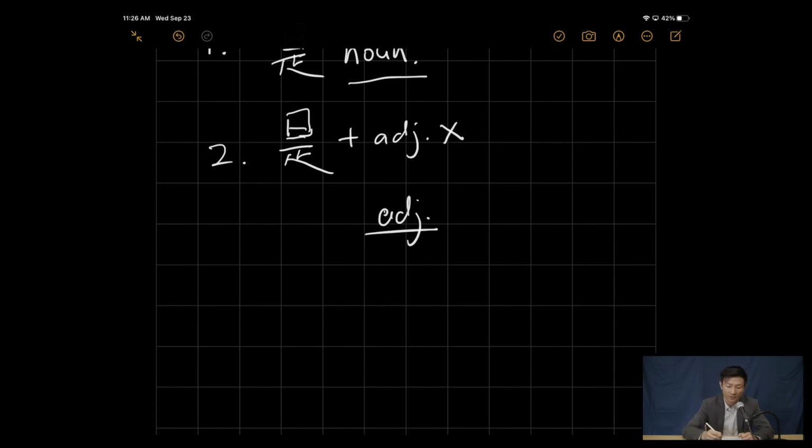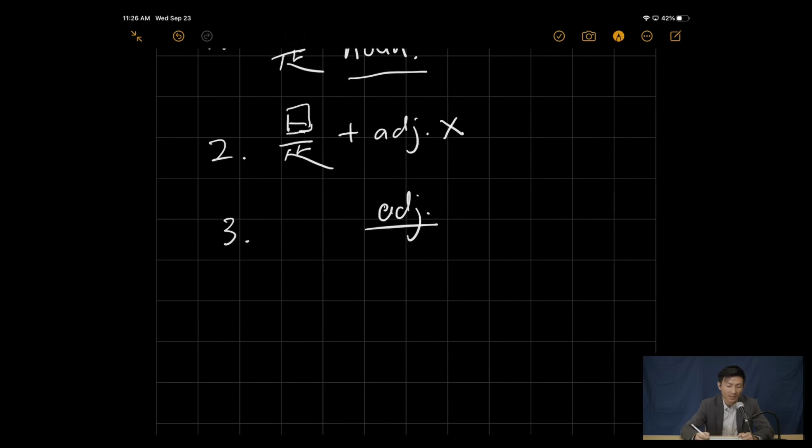So when there is an adjective in a sentence, we're talking about simple sentences at the beginner level, we usually don't need a 是. Instead, we need a degree adverb.